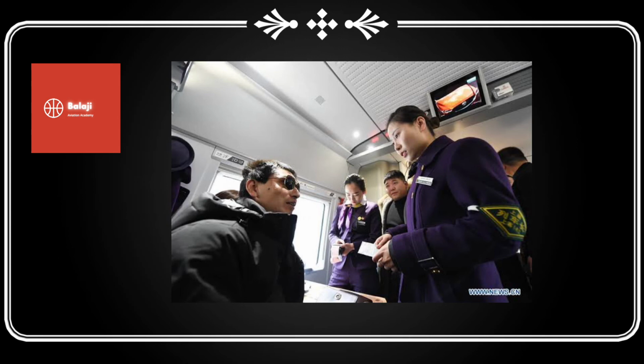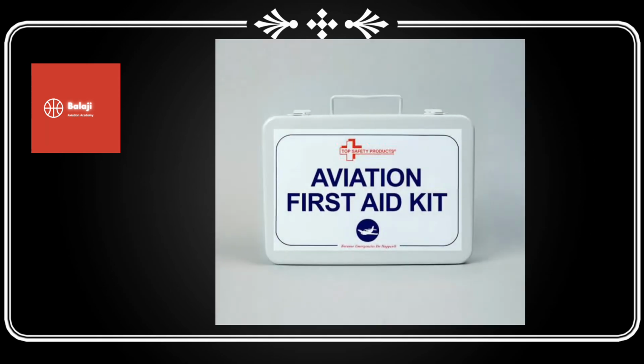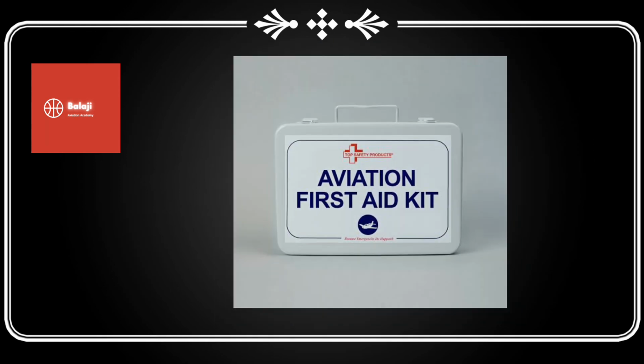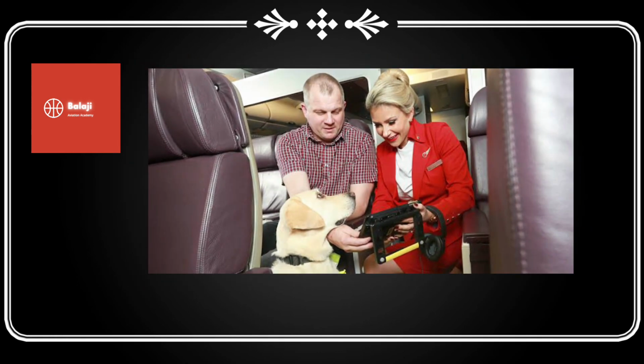They need to make sure that they treat the symptoms and utilize the first aid kit equipment as installed. So in case the blind passenger needs any kind of help regarding first aid, make sure they give it to the passenger.